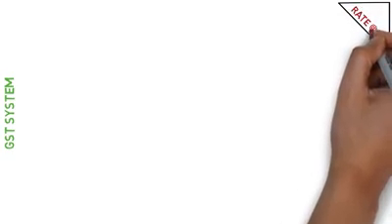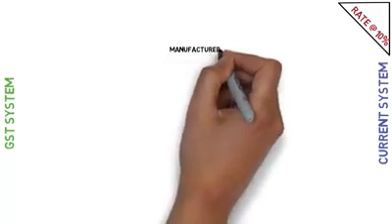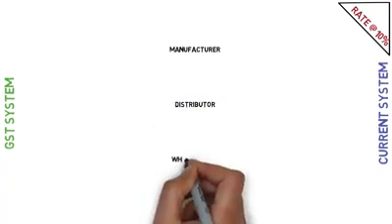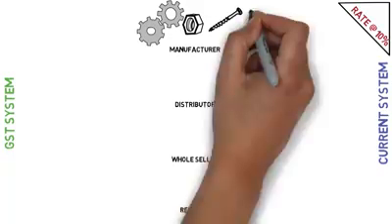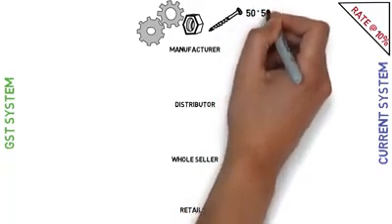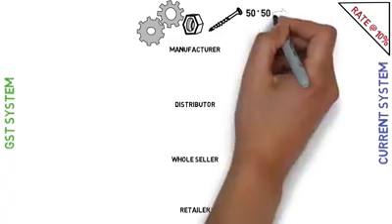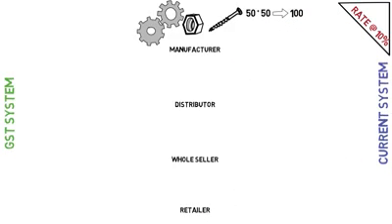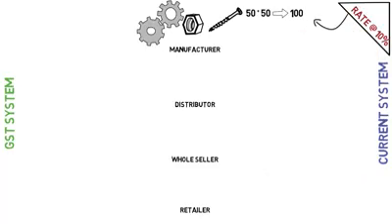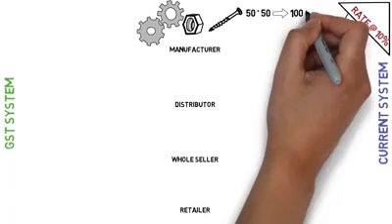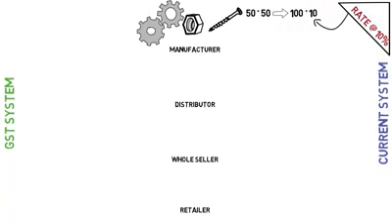Consider a simplified tax rate of 10% at each level. There are generally 4 levels: manufacturer, distributor, wholesaler and retailer. The manufacturer buys raw material of, let's say, rupees 50, and manufactures the product, which adds 50 rupees value to it. So the product becomes 100 rupees. For selling this product, he needs to pay 10% tax, which is 10 rupees.